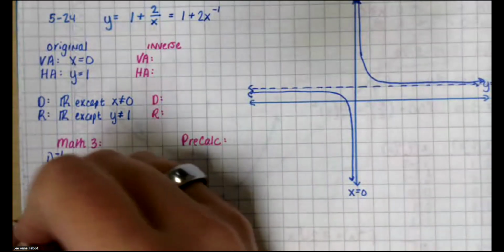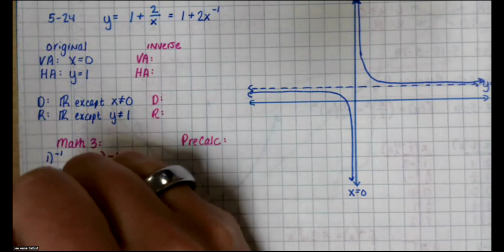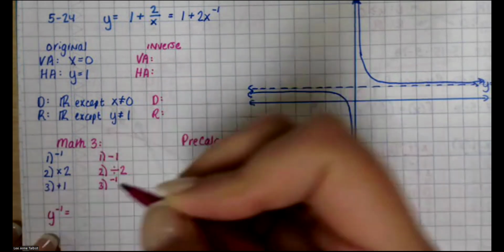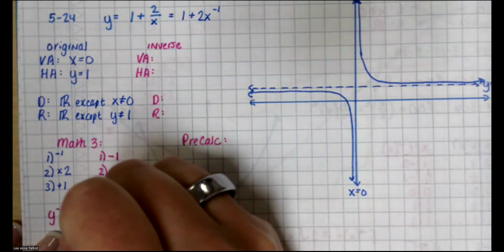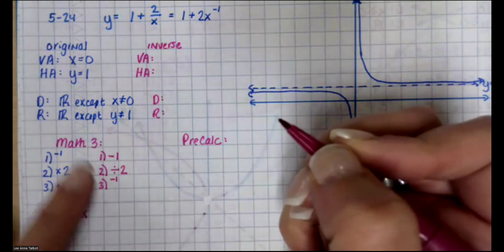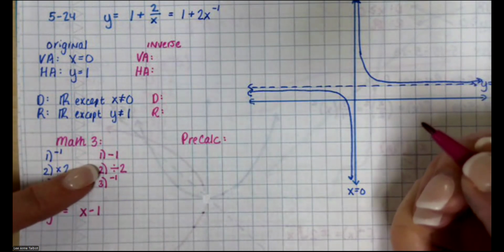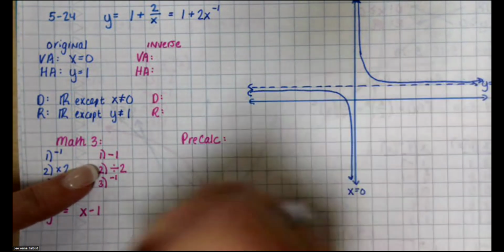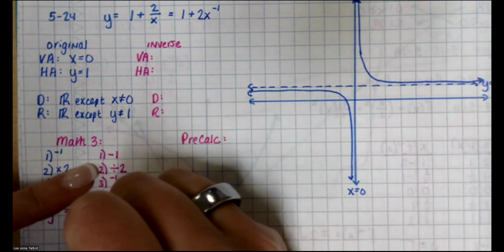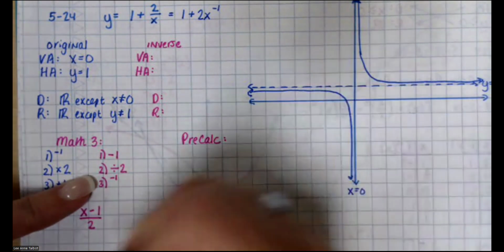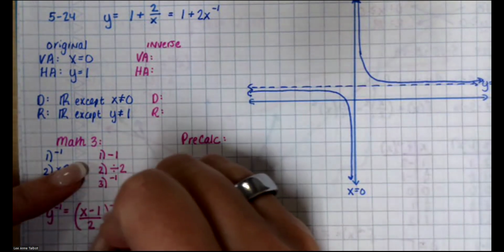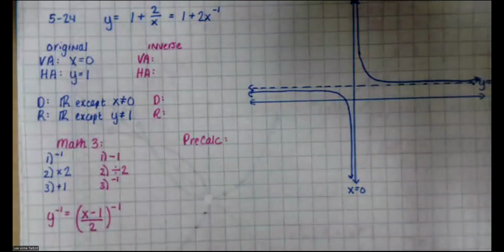So what is it? Y inverse is, okay, so start with x minus 1. Divide by 2 on everything. To the power of -1 on everything.